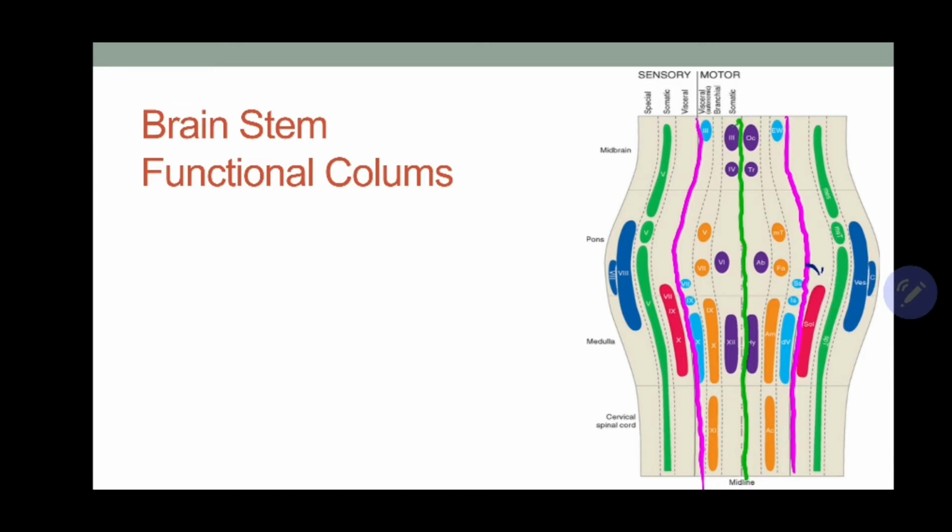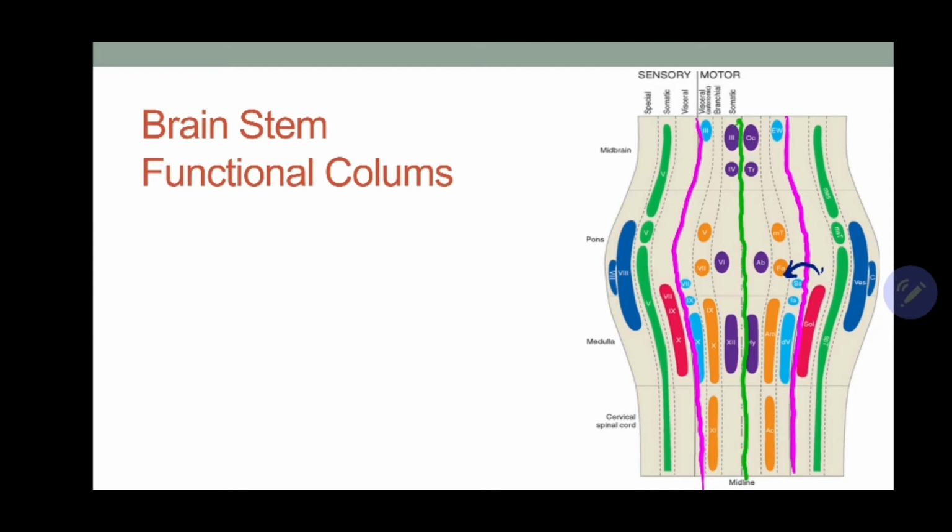So here it's efferents, the adjacent column, the general visceral afferent and efferent lie adjacent to each other. So this functional column is general visceral afferent.